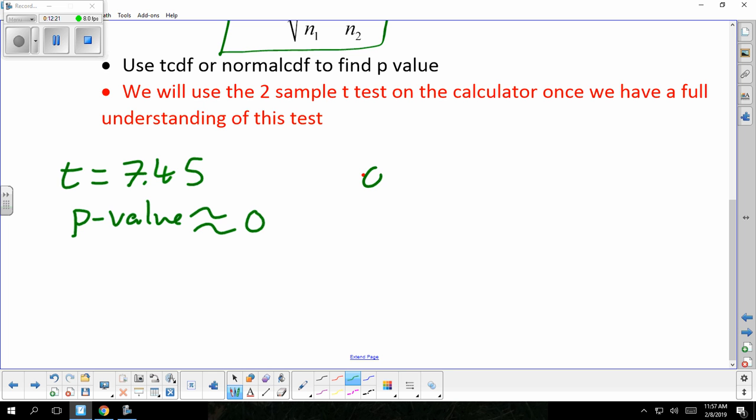Since 0 is less than 0.01, we're going to reject H naught. So we have significant evidence that there is a difference in the two population means.